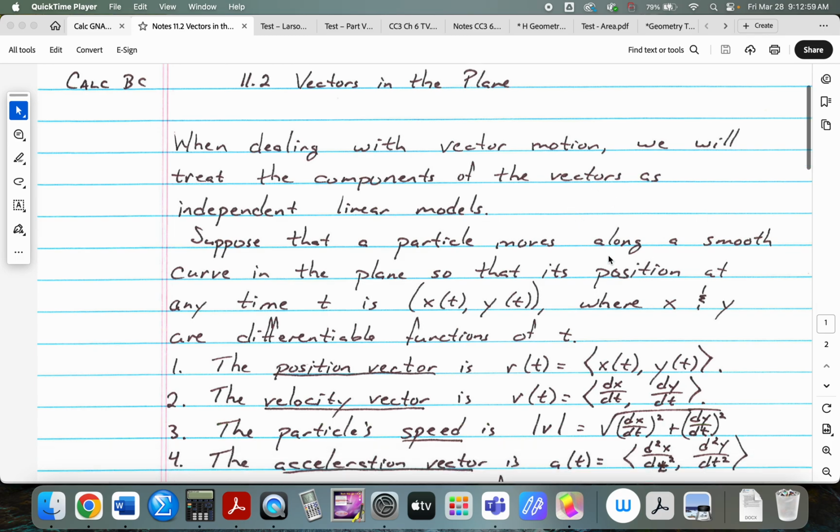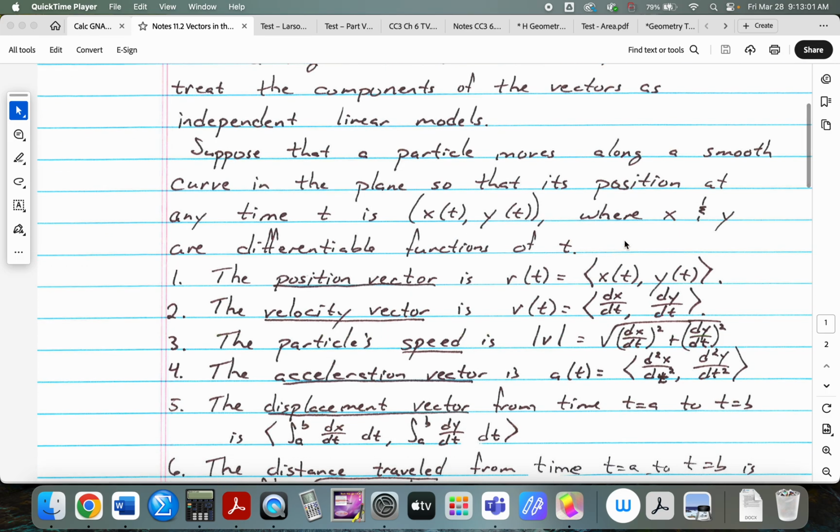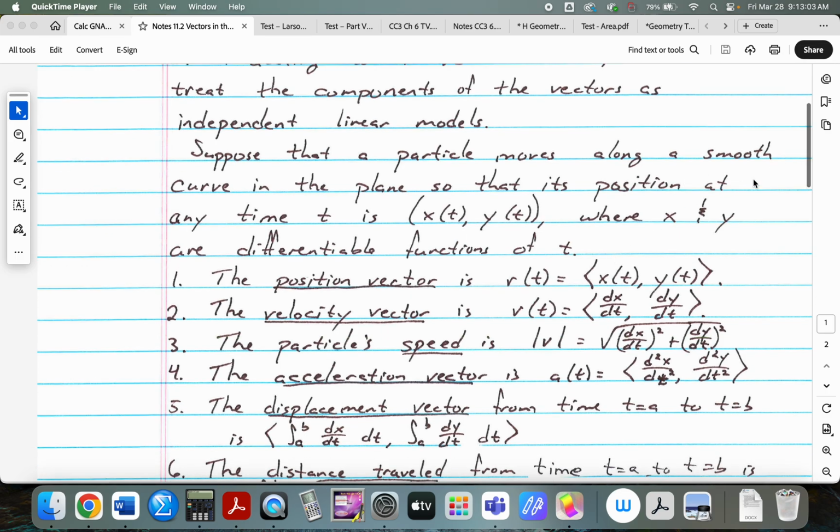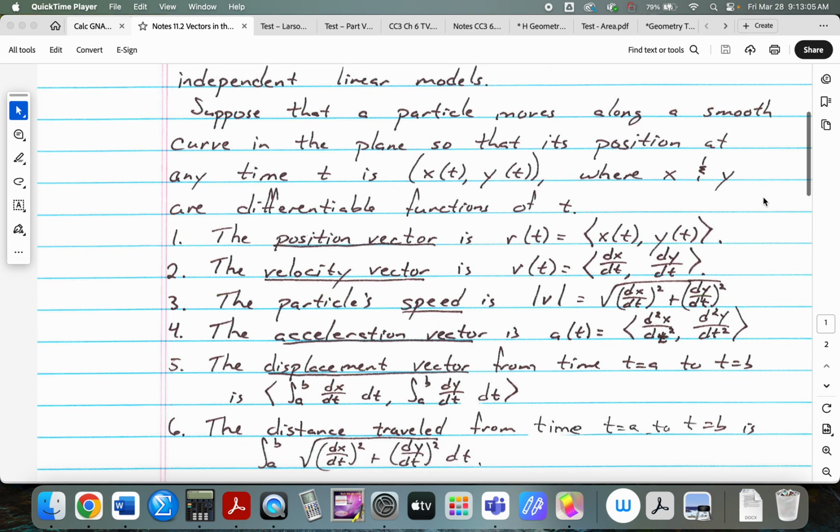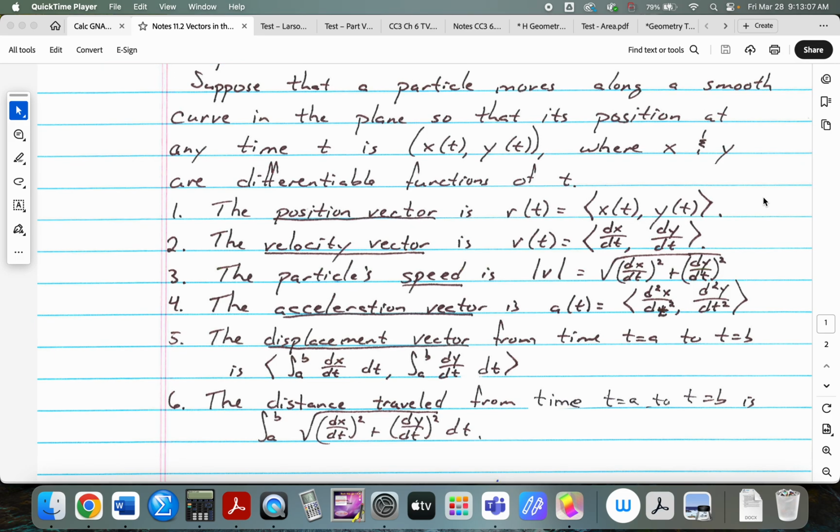So if we have a particle that moves along a smooth curve, we did talk about smooth curves earlier when we talked about finding distances. It has to be differentiable everywhere in order to be called a smooth curve. So its position is x of t, y of t, where x and y are both differentiable functions of t.